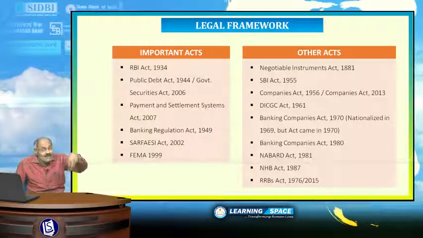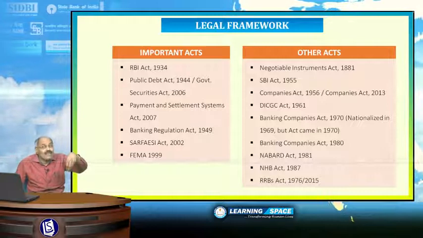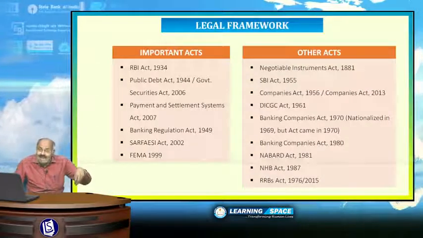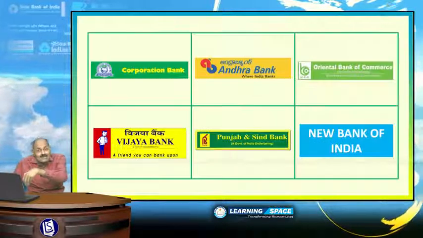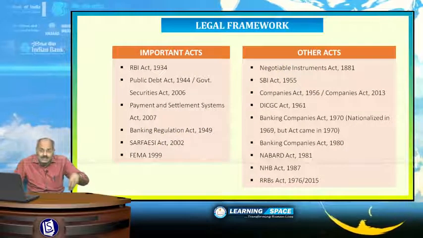Then the Banking Companies Act of 1970. This Banking Companies Act of 1970 nationalized 14 banks. The Banking Companies Act of 1980 nationalized 6 banks. Then the NABARD Act of 1981.